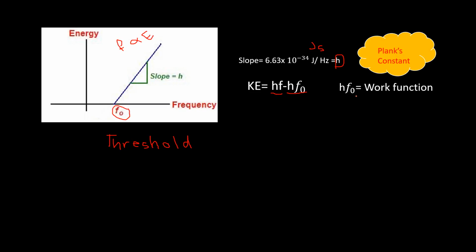Because each metal has a different threshold frequency, each metal has a different work function. The work function is sometimes written in this way, and at other times it is symbolized by the letter phi. However, these three equations are equivalent. They actually are the same equation.